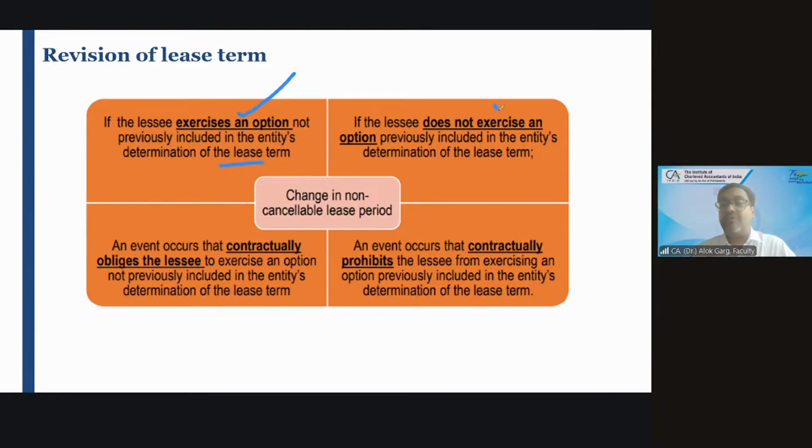If the lessee does not exercise an option previously included in the entity's determination of the lease term, like a termination option, an event occurs that contractually obliges the lessee to exercise an option not previously included in the entity's determination of the lease term. Earlier, the entity has decided that yes, I am going to avail the renewal option.